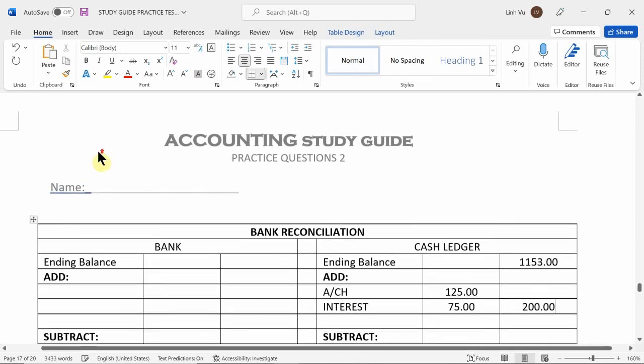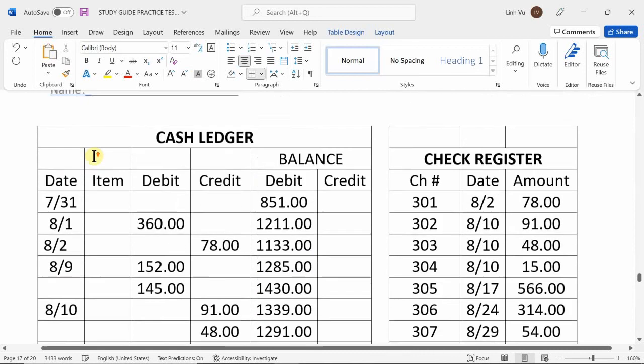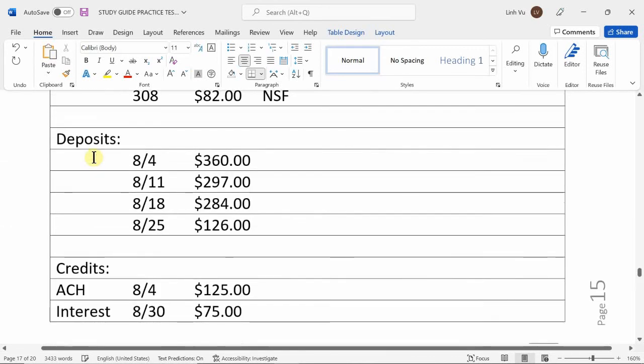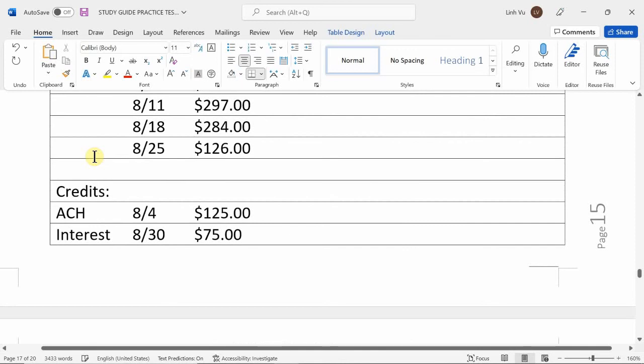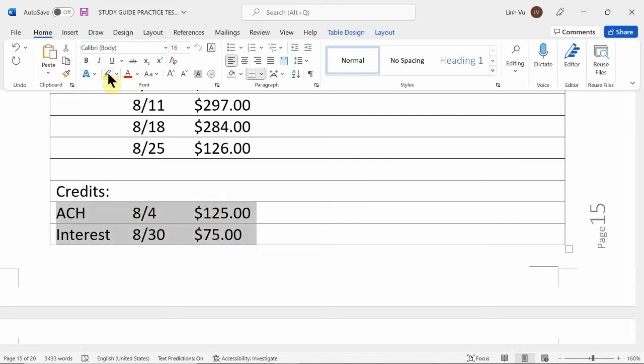Yes. Okay, so we need to add 200. Good. So in this case, where did we find that? We found that in our bank statement under credits. So ACH for 125 and interest for 75, right? These are the numbers that we are looking at. So I can highlight these as well, so you know where these numbers came from.